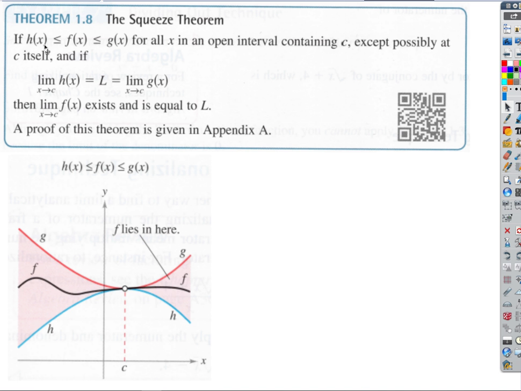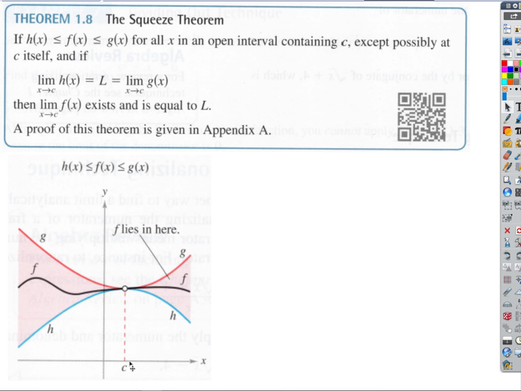Here's what it says. If some function h of x is less than or equal to f of x, and f of x is less than or equal to g of x, so a better way of saying that would be f of x is greater than or equal to h of x and less than or equal to g of x, for all x in some open interval containing c. So if we go way out yonder to the left or right, that might get flipped around, but we don't care. As long as we're in the neighborhood of values surrounding c, which is the point of interest, if we maintain that relationship, that's all we care about.